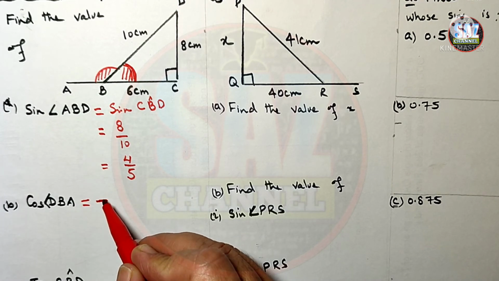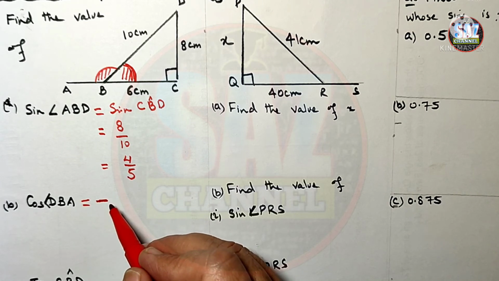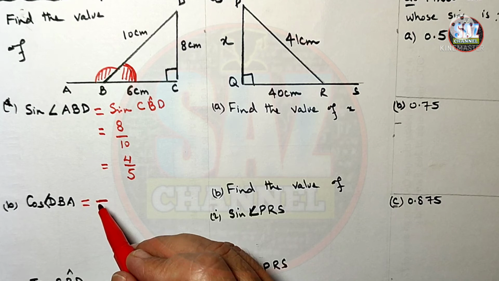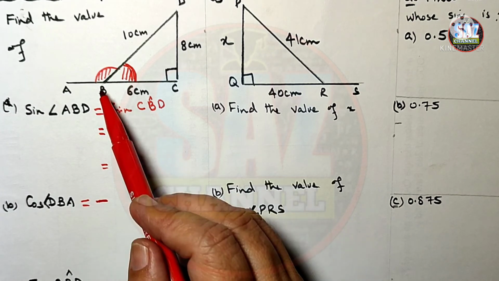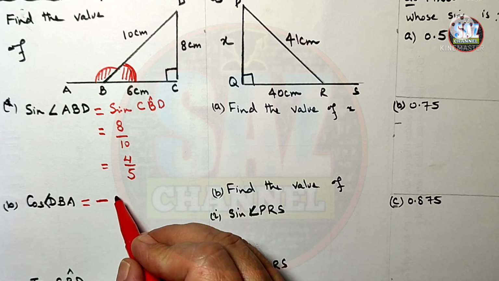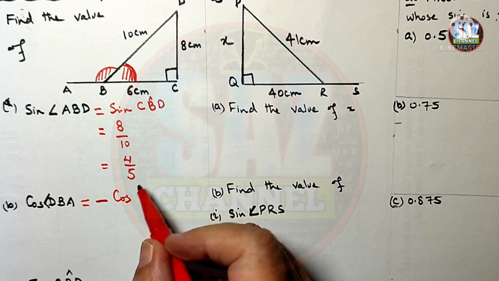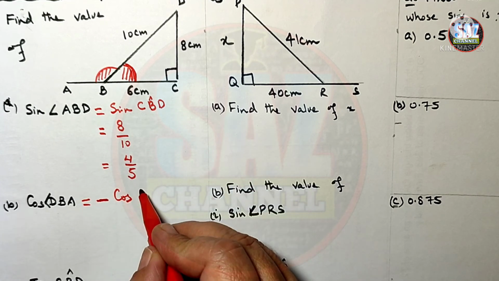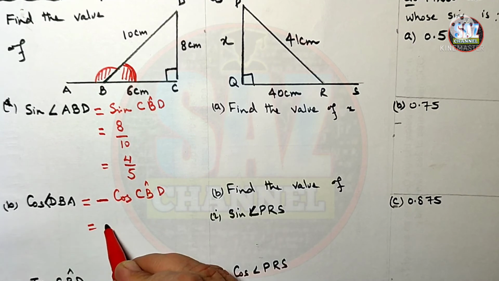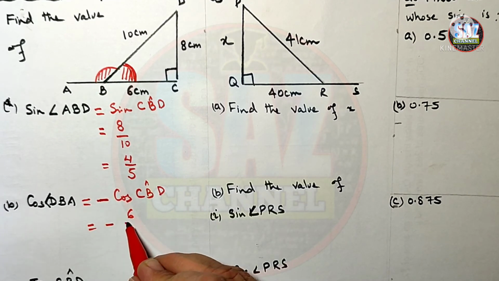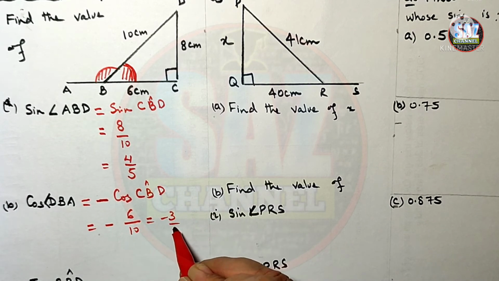The cosine of obtuse angle is minus times the cosine of acute angle, and the formula for the cosine is adjacent upon hypotenuse, and adjacent is BC. This will be equal to minus cos CBD, and this is minus 6 by 10 or minus 3 by 5. I hope you are really clear about this.